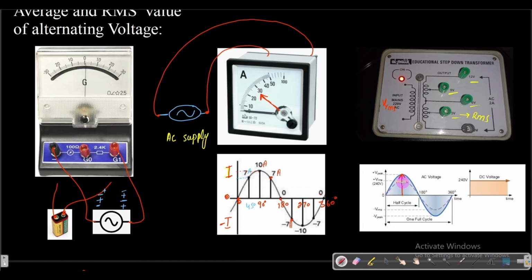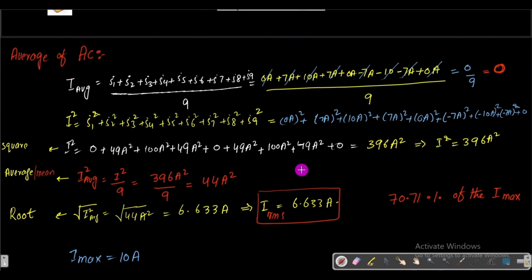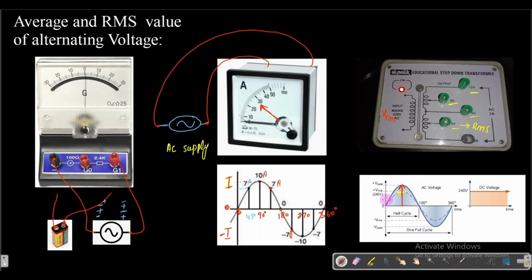The portion I labeled with the yellow color is the RMS value, and we determine that RMS value by applying these mathematics. So this 220 volt is not the maximum amplitude; it is the RMS value, whose amplitude is about 70.7% of that maximum amplitude.